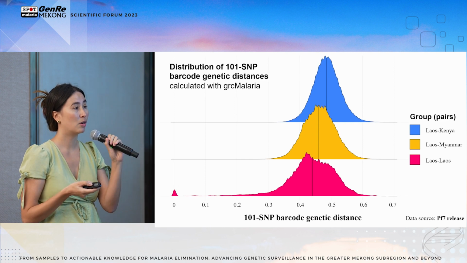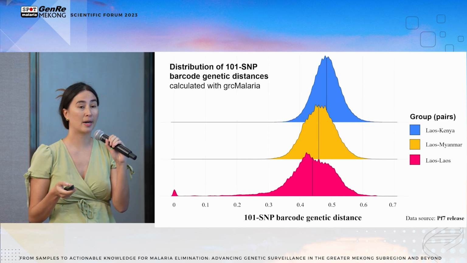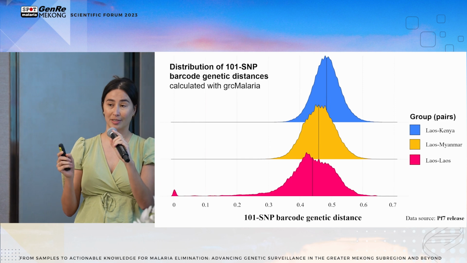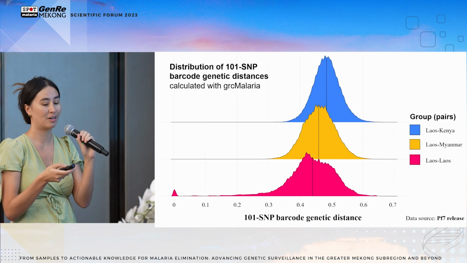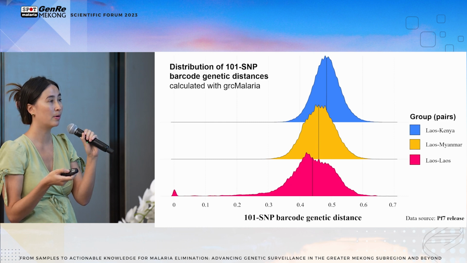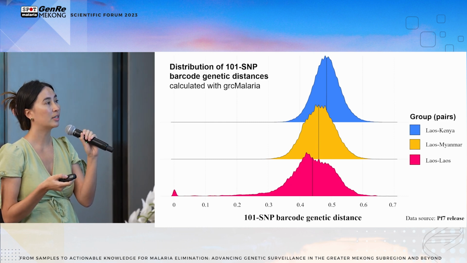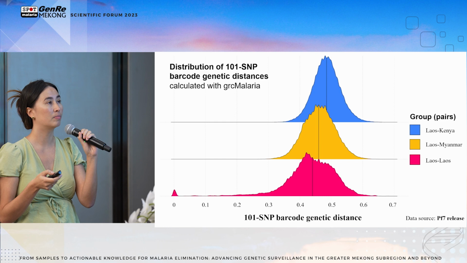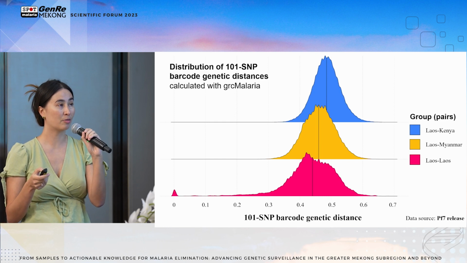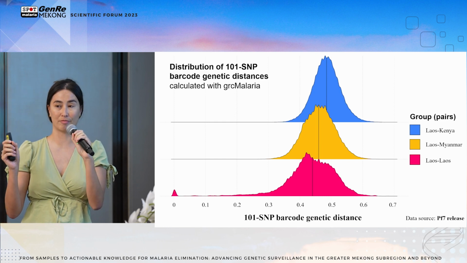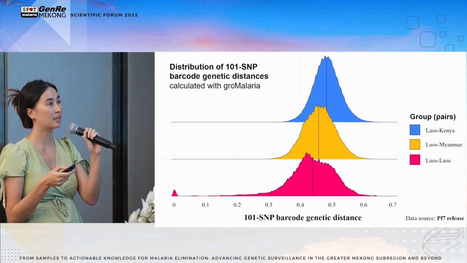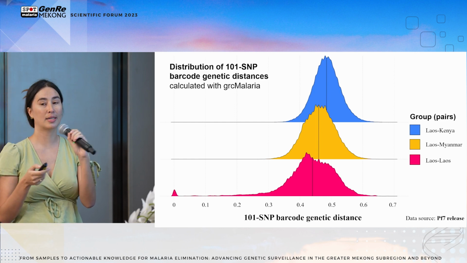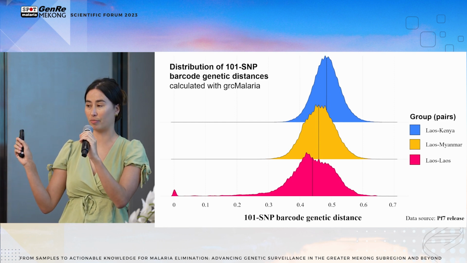So the bottom one is a group that has sample pairs of which both samples came from Laos. So this is a within country group. And in the yellow distribution you see a group that has one sample from Laos and the other sample of the pair came from Myanmar. And then the top one is a group that has one sample from Laos and the other sample from Kenya.